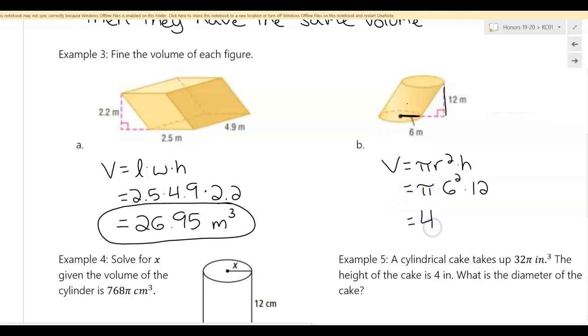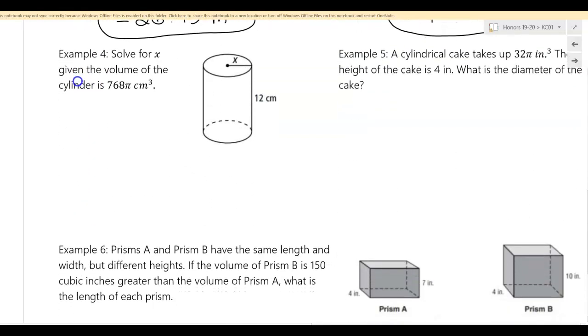We get 432 pi. Again, that pi has to come down, and this is also in meters cubed. All right. So that's Cavalieri's principle again. Same thing, still just solving.